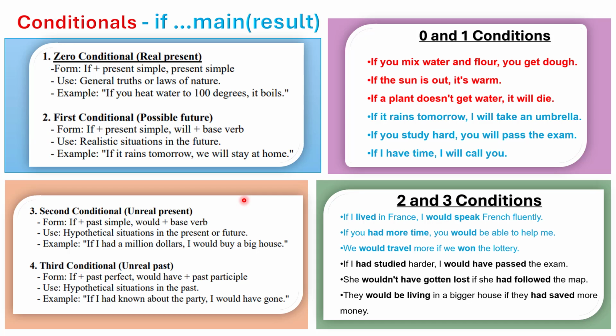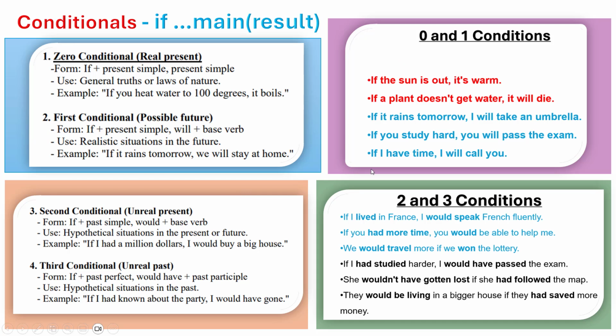At least we have something in the future, so we can do something. But in the third conditional, both are in the past. If I had known about the party, I would have gone, also in the past. Something has already happened and finished, so we cannot go back to the past and change something.